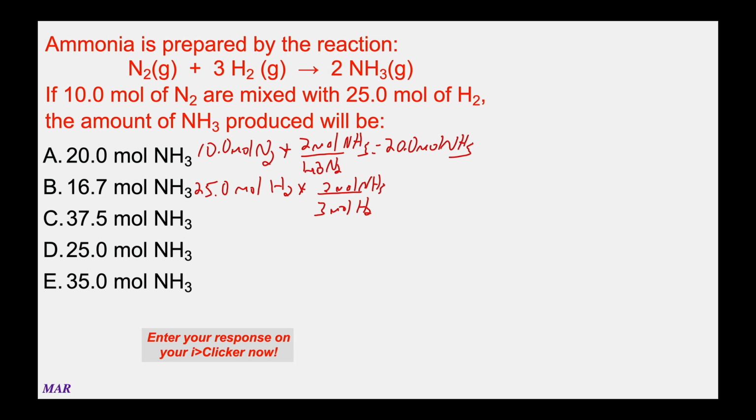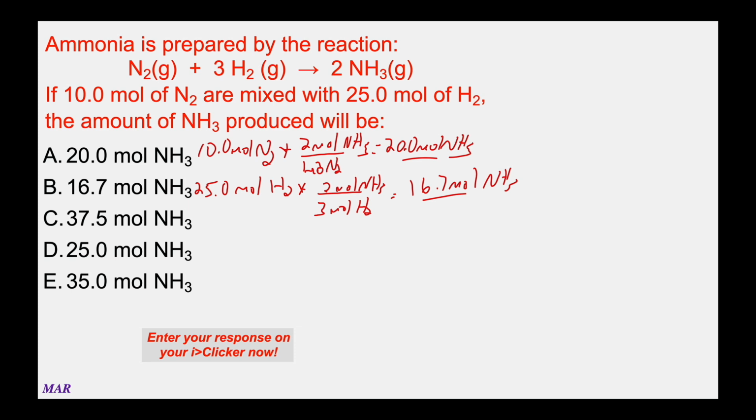I'm going to take 25, multiply it by 2 over 3, and sure enough, I get 16.7 moles NH3.